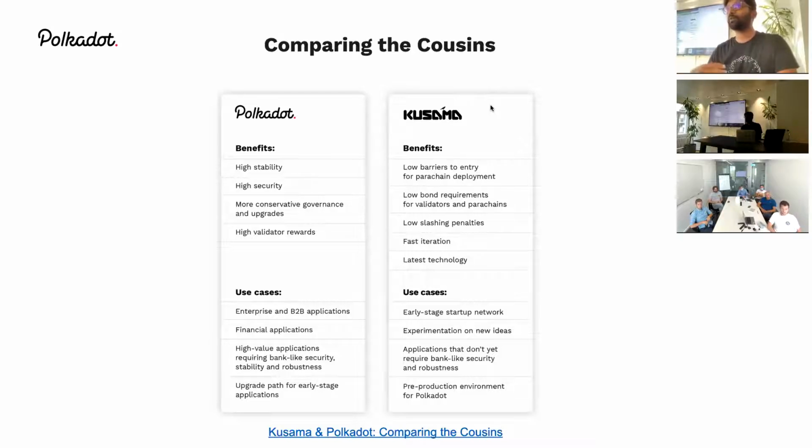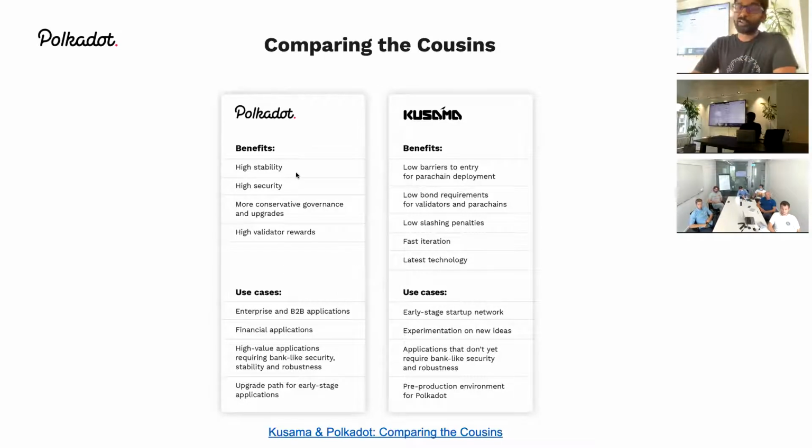So things move a little faster on Kusama, and they're meant to move fast on Kusama. So if you are a developer who's trying to enter the Polkadot ecosystem, initially you have an idea, you'd like to test it out in a real world scenario with economic consequences, then Kusama is the place where you would go, deploy your application, and then check how things work out.